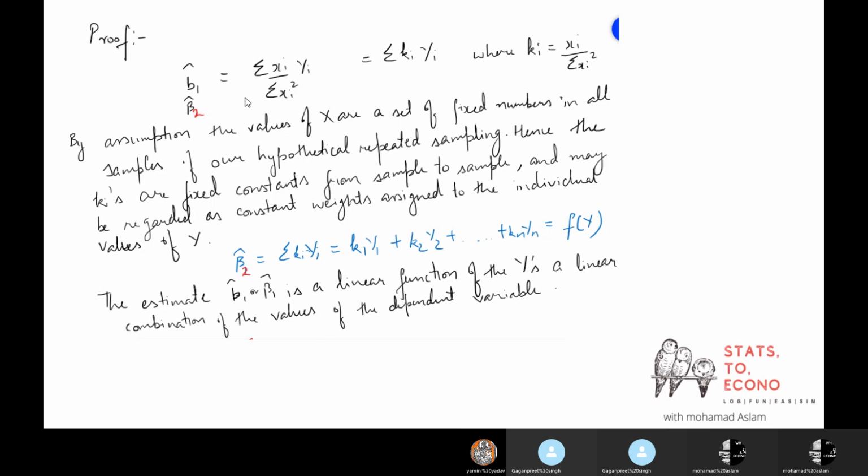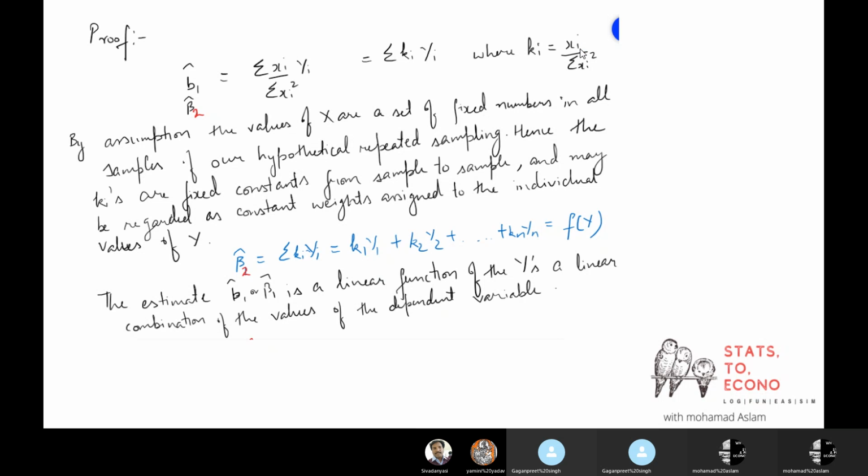To understand that, we have to go through these values and what they indicate. Let me put it in the form of this term, xi upon summation xi square, and give it a name, ki, which is equivalent to xi upon summation xi square.